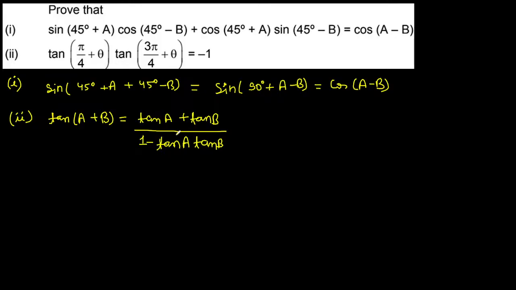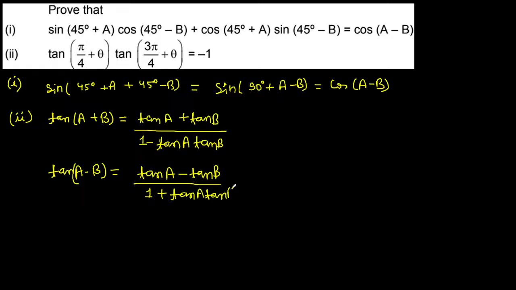And the formula of tan (A minus B) is (tan A minus tan B) upon (1 plus tan A tan B).